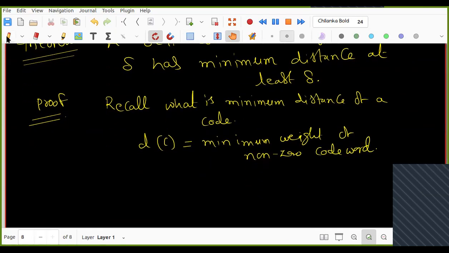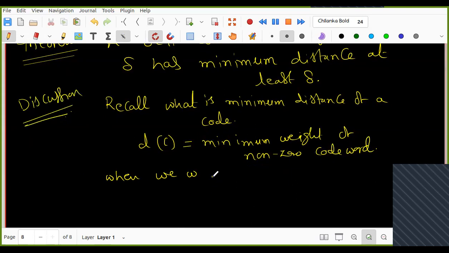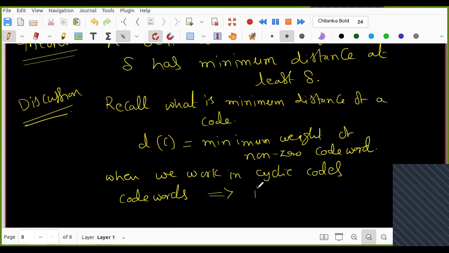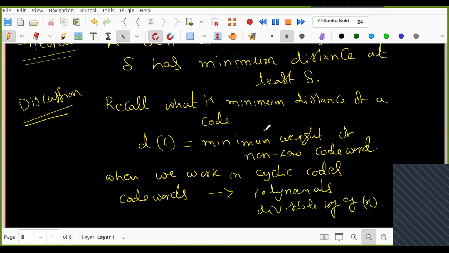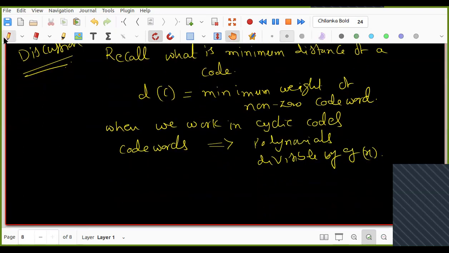Now, when we are working in cyclic codes, I will not call this a proof yet. First a little discussion, then we go into the proof. When we work in cyclic codes, you know that code words are polynomials divisible by g(x), right?